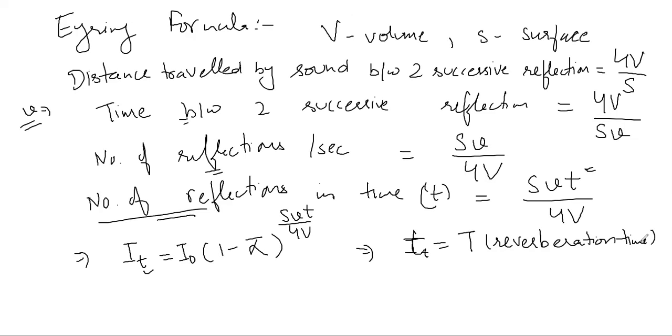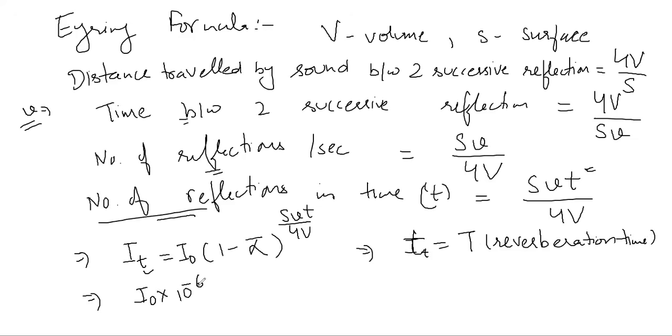We said that reverberation time is the time in which your intensity becomes 1/1,000,000th of the initial intensity, which basically means that at t is equal to T, your I(T) would become equal to I naught into 10 raised to power minus 6, right? This is basically 1/1,000,000th of initial intensity, right?